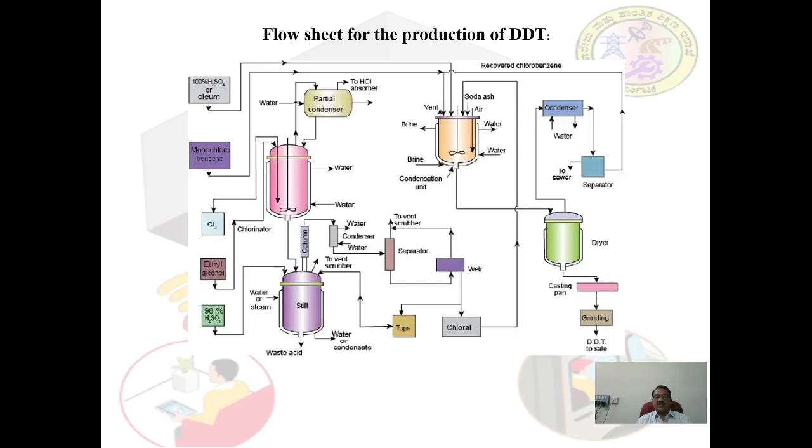This DDT solution is taken and dried in a dryer and cast into the required form of DDT, either flakes or pellets, and if powder is desired, it is ground to fine powder. So this is the process taking place in the production of DDT.